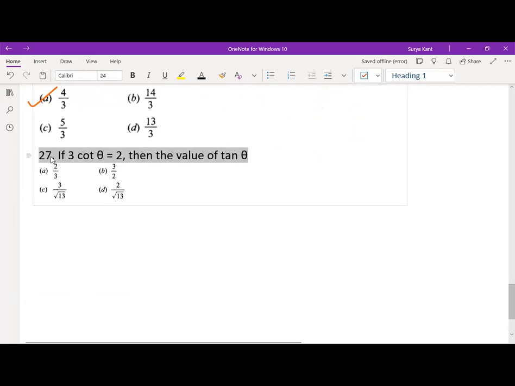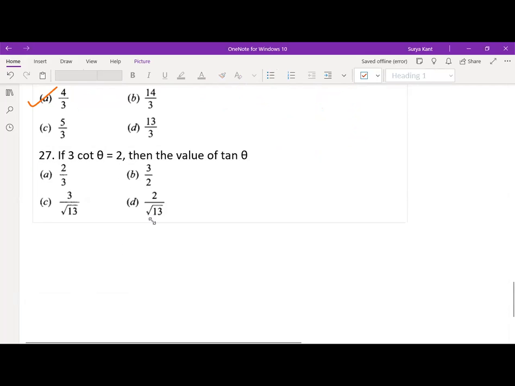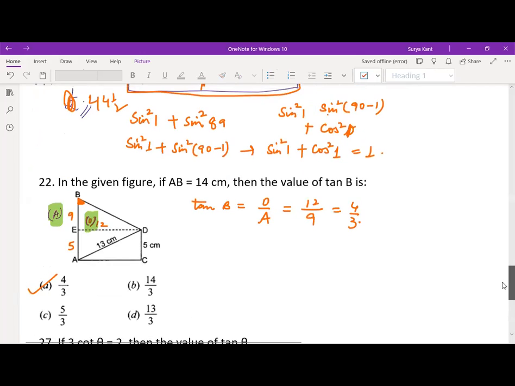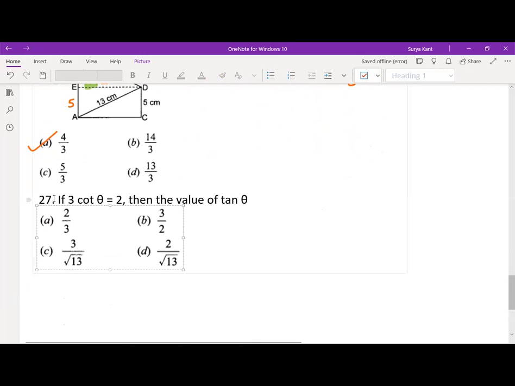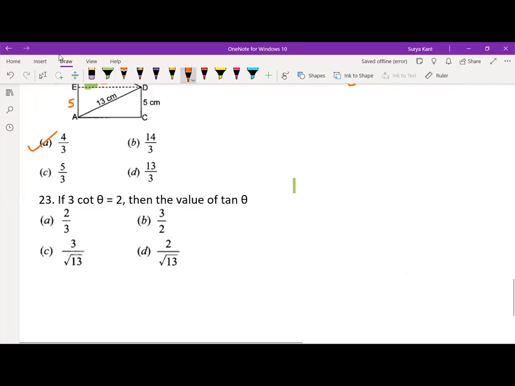Find the value of tan theta. Right. So the answer is 3 by 2. Okay, B is the answer. Obviously, it's 3 by 2. This is the easiest part of the whole thing, I think, today.